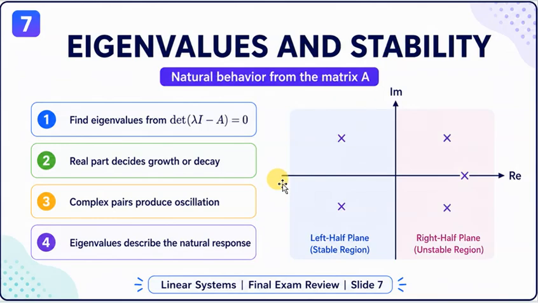So eigenvalues act just like poles, and the real part decides if the response grows or decays. If all eigenvalues are in the left half plane, our system is stable.